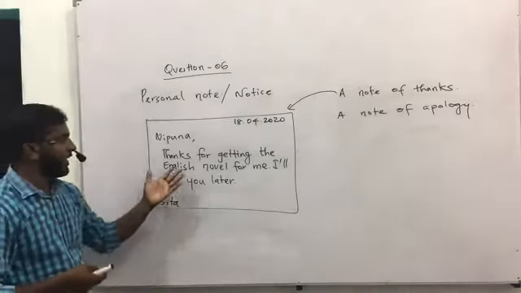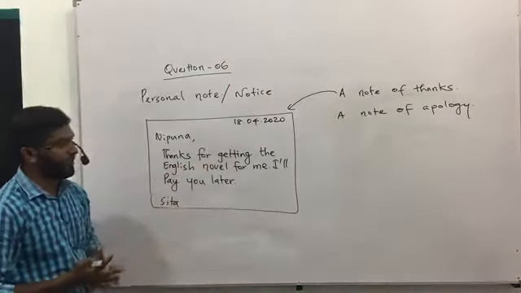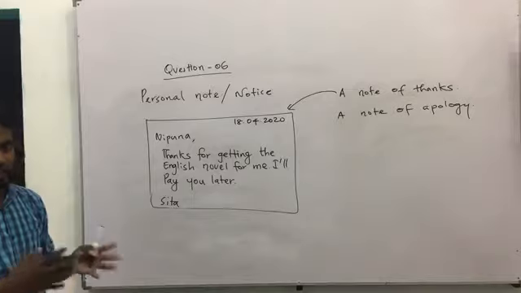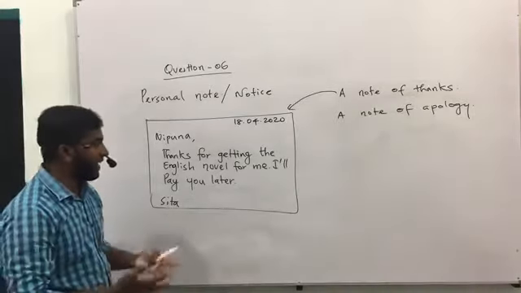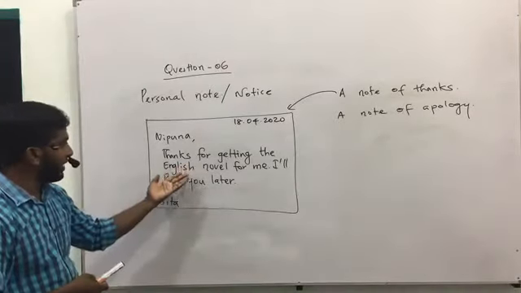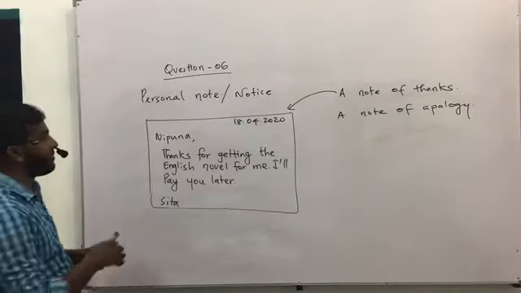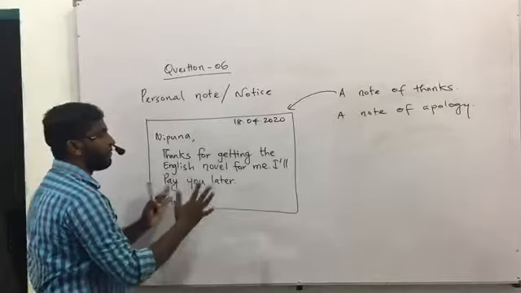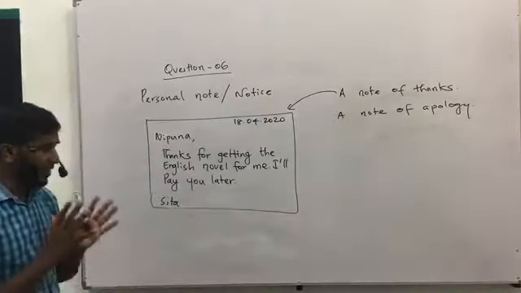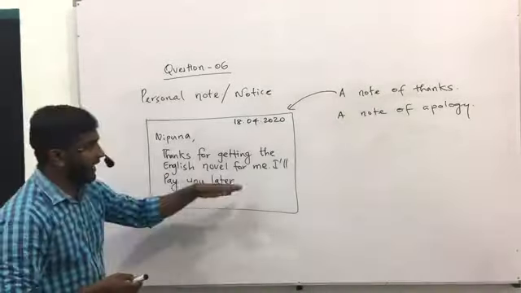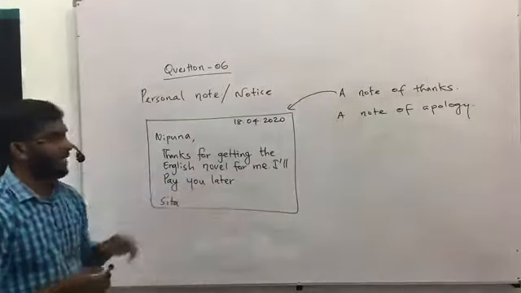One is, thanks for getting the English novel for me. So she or he expresses her thanks for getting an English novel for her or for him. That is one sentence. And for that, I'll pay you later.